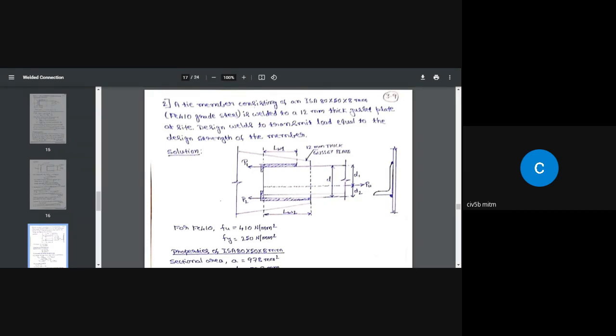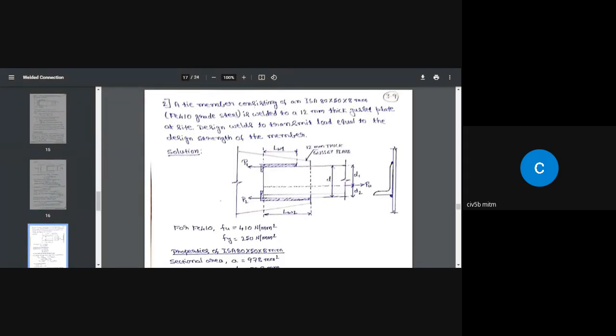The design load acting on this member is not given. Instead, the problem says to find out the design strength of this member, at what load the angle is going to yield. For that force, we need to design the welded connection.